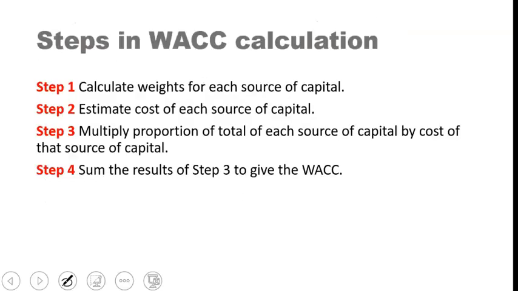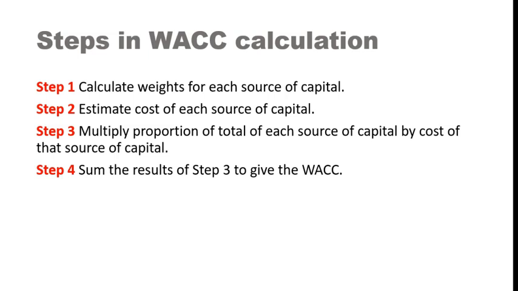So let us look at this example before we conclude the lecture. These are just the steps which we have to use in the calculation of the WACC.